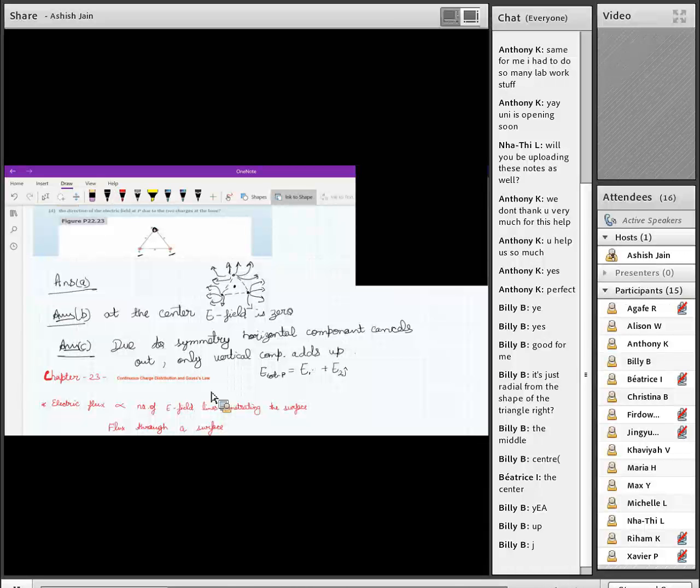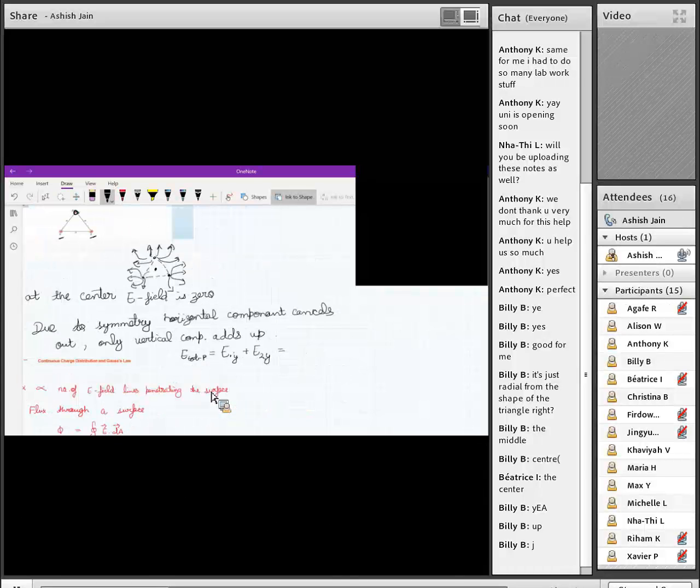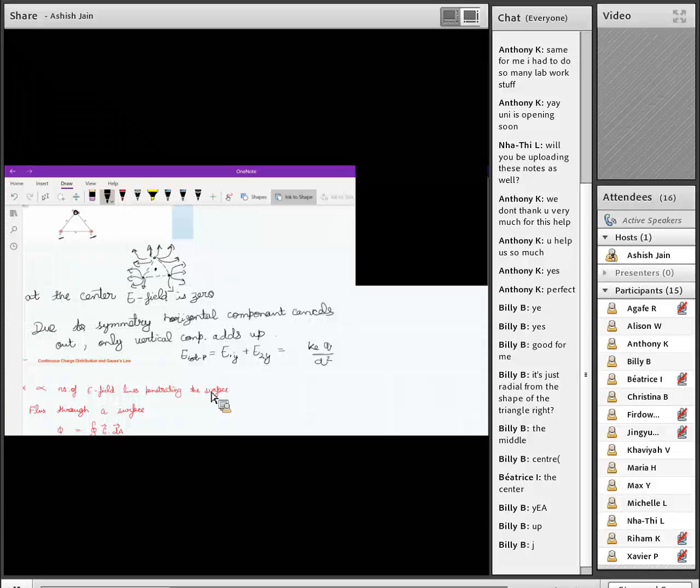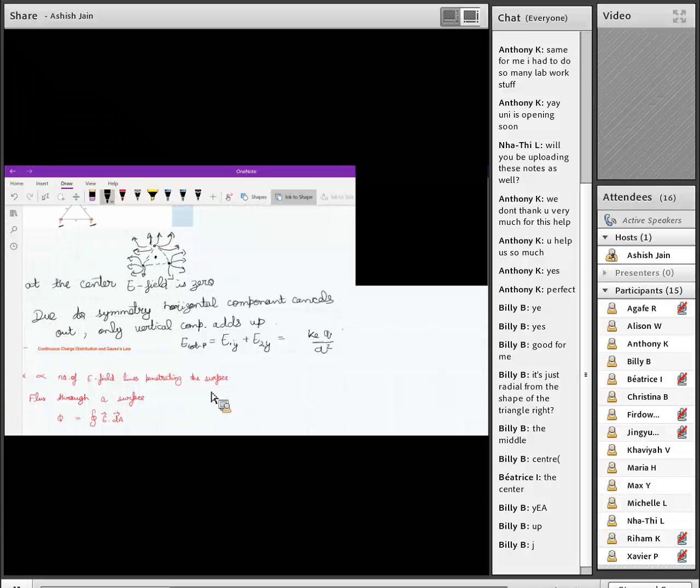Let me write it as E1y, E2y, not j cap. That is a little confusing. When you write this, it will actually be simply, let me write it, KEQ by A squared, twice.